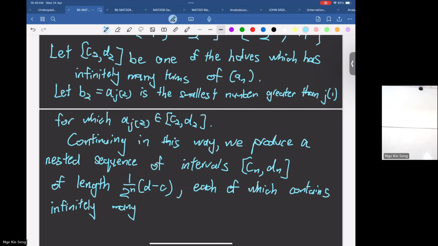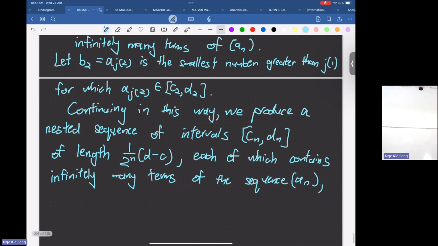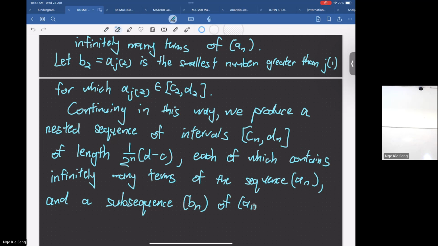Many terms of the sequence. And we also pick the subsequence, which we call bn, such that bn is in [cn, dn].